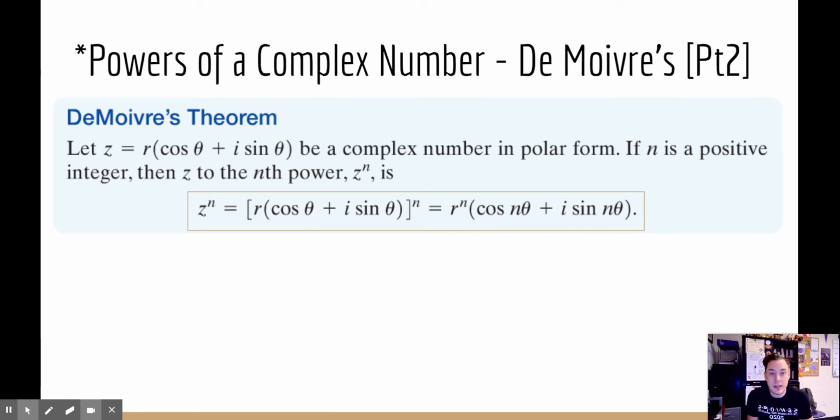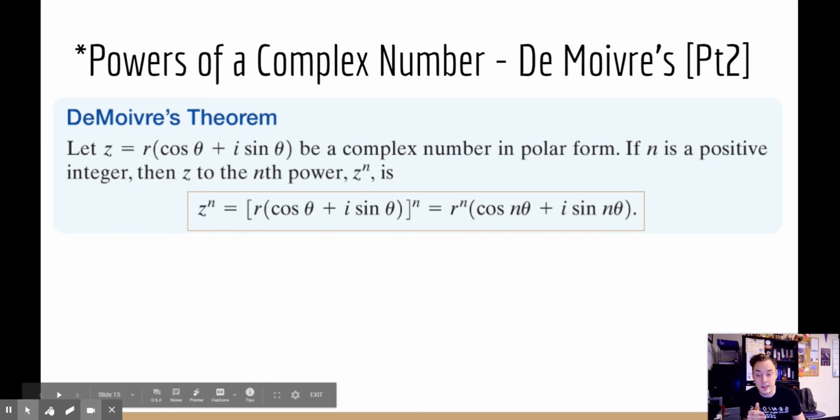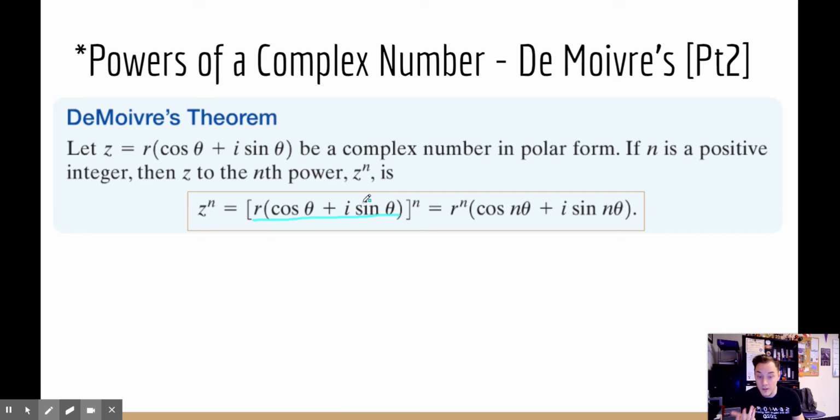Now, previously, we did go through maybe a subset of De Moivre's theorem. De Moivre uses this polar form of complex number. So this right here, my cursor, is your polar form of complex numbers. Obviously, that's what we've been doing over and over with quotients, products, and switching back and forth between rectangular and polar. But he uses that to expand upon it in the power form.